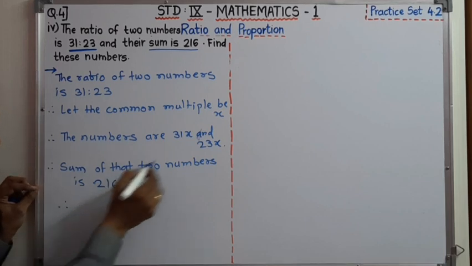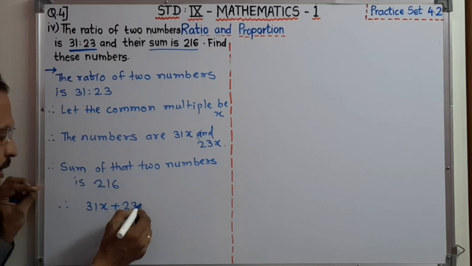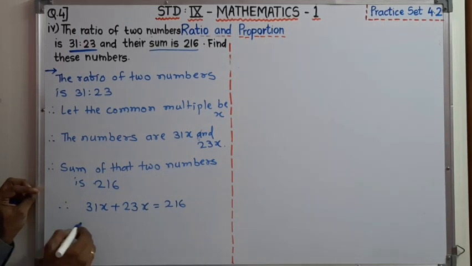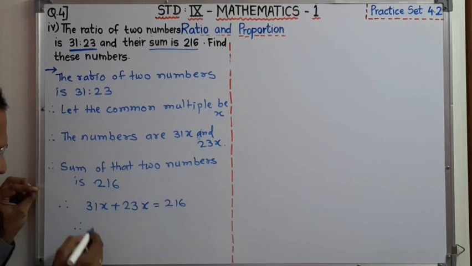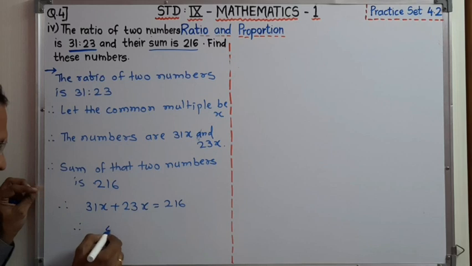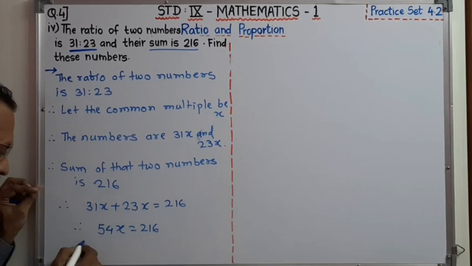Therefore, dear student, we can write first number 31x plus second number 23x and the sum is 216. Now, dear student, make the addition of this 31 plus 23, it is 54x is equal to 216.